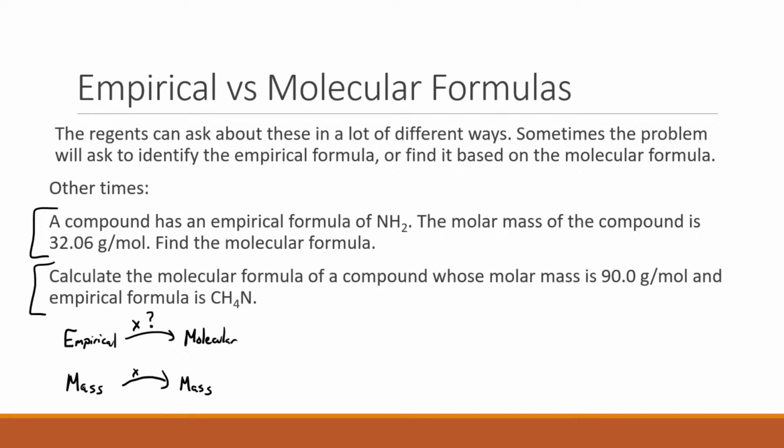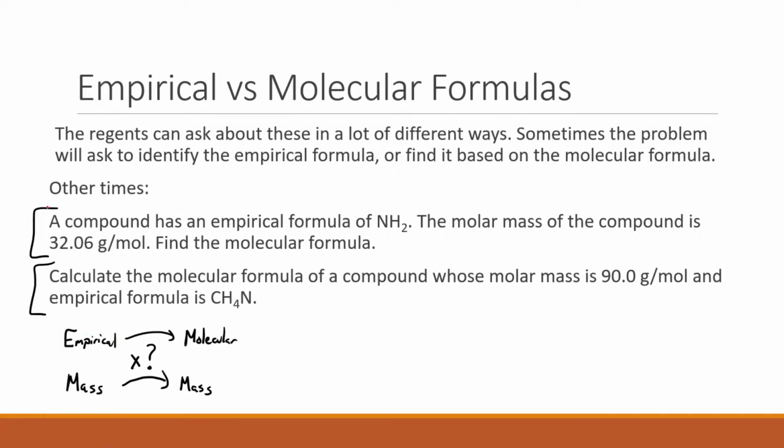And that same relationship between the mass of the empirical formula and the mass of the molecular formula is going to be the same as the relationship between the ratio of atoms. And so if we can find the ratio that we use to convert from this mass, the empirical mass, to the molecular mass, we can use that same exact number to go from empirical formula to molecular formula.